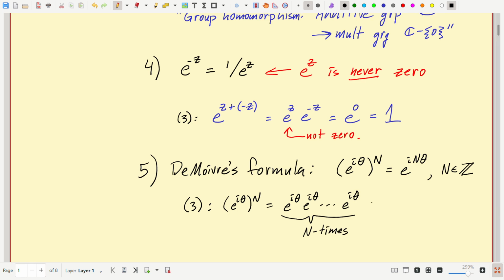I just keep repeating number 3, and of course I would get e to the i theta plus dot dot dot plus i theta. You have n of those, so it would be e to the i n theta. So 5 pops right out from that, from positive n. I'll show you why it's also true for negative n in a little bit.